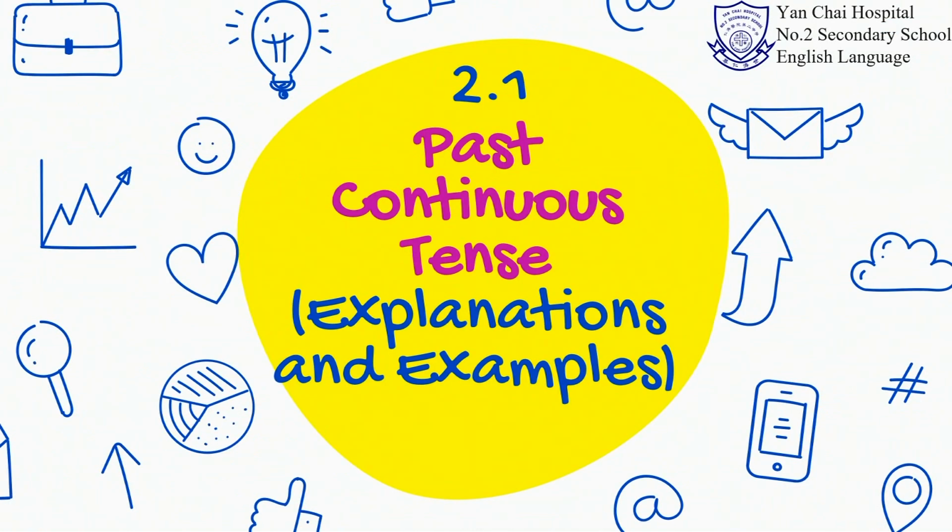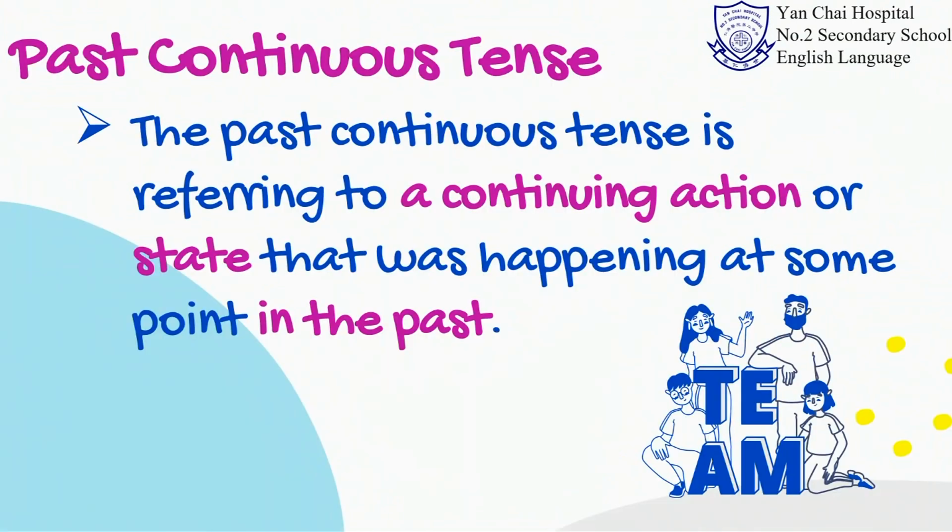Part 2.1 Past Continuous Tense. Explanations and Examples. The past continuous tense is referring to a continuing action or state that was happening at some point in the past.